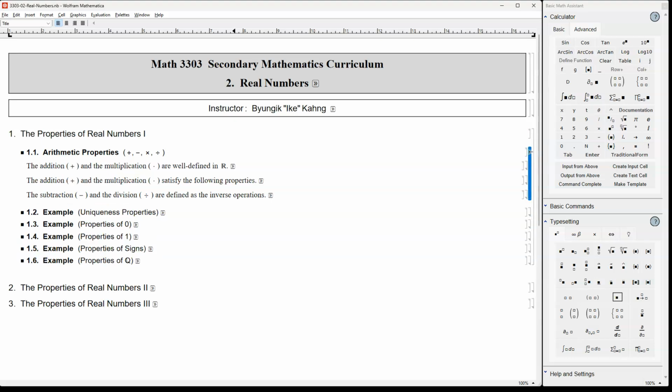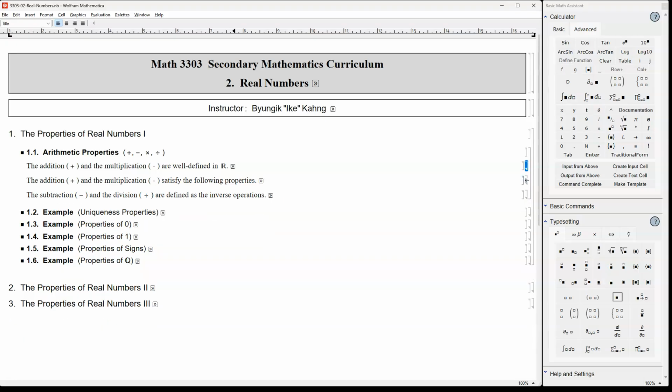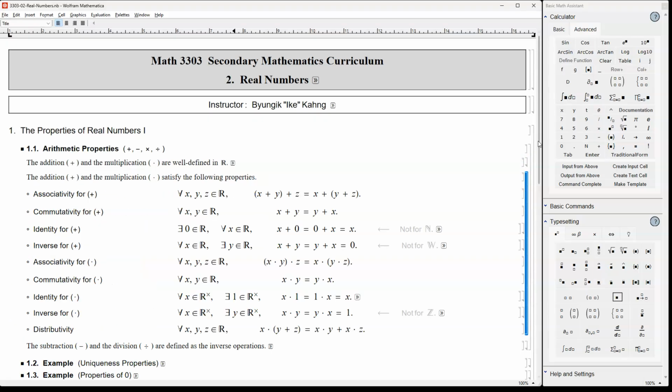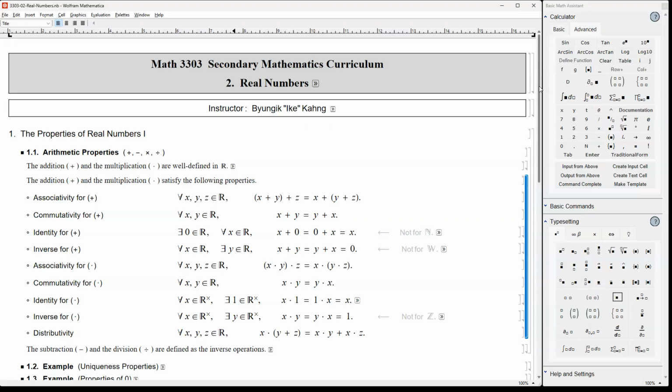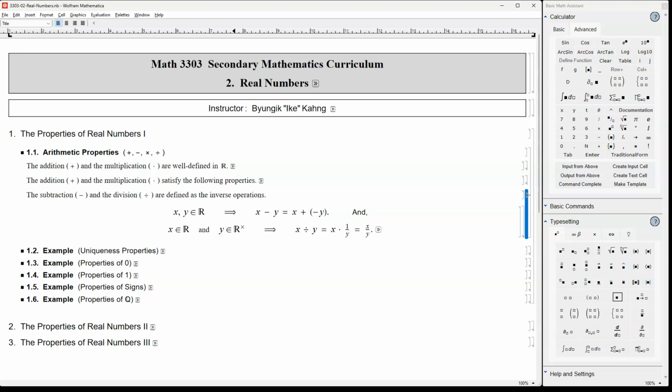For now, let us assume the existence of real numbers and the existence of well-defined addition and multiplication, and then assume they satisfy these basic properties, which we call the field properties, by the way. And then, based upon these, we can define the subtraction and division as inverse operations.